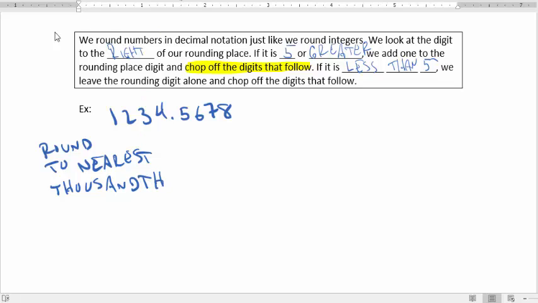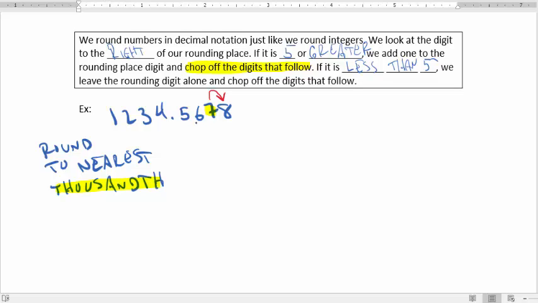You identify the thousandths place, right there. But then remember what you do is you look to the right of that. So you look here, and it's 5 or greater, right? It's 8. So you add 1 to the rounding place digit, so that 7 is going to become an 8, and you chop off the digits that follow.